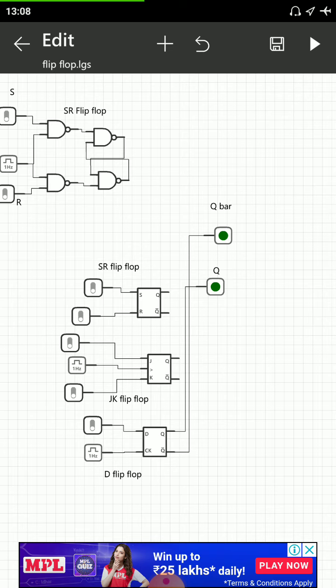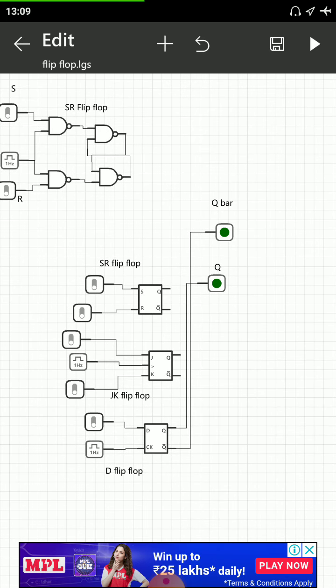For triggering we can use positive edge triggering, negative edge triggering and level triggering. You will learn these in your theory section: what is positive edge triggering, what is negative edge triggering and what is level triggering, right?